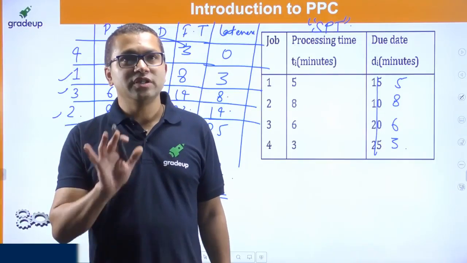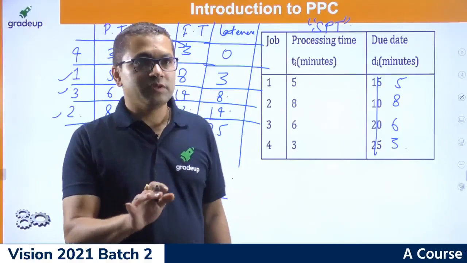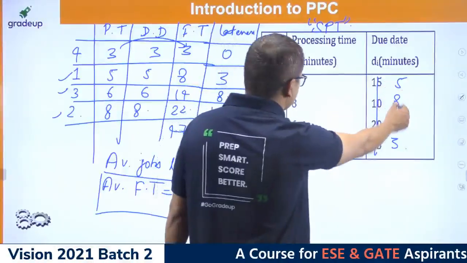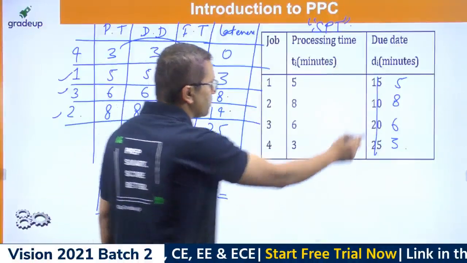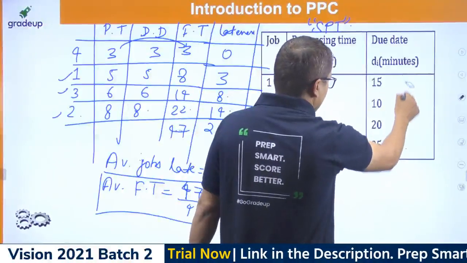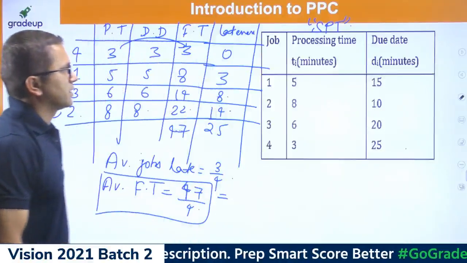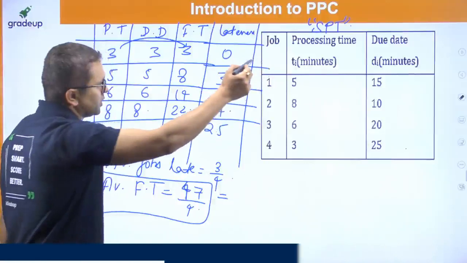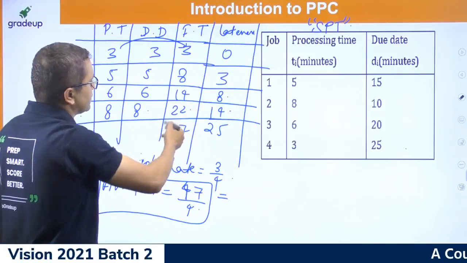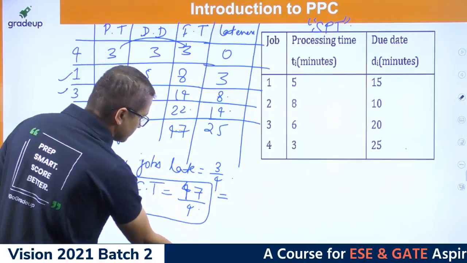Now please confirm, can you do this question? Let's say I have tweaked these numbers, and I'm going to also change this. Let's move back to this, and can you please check if shortest processing time is giving you the least flow time?